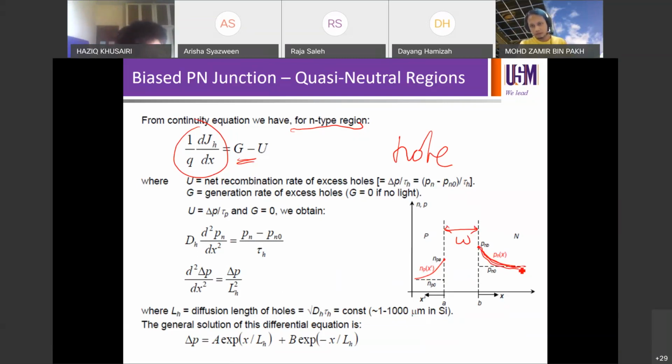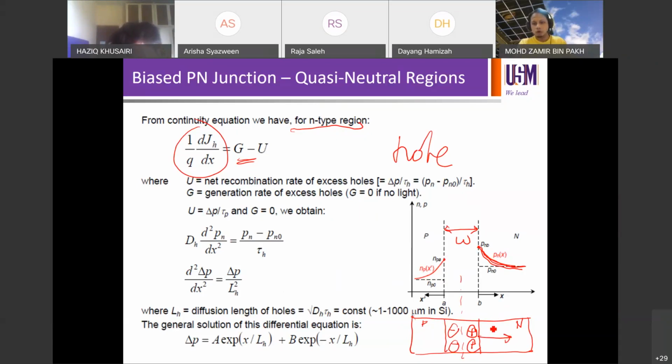Let me redraw again. P-type, N-type. So now we're talking about this region onwards, right?